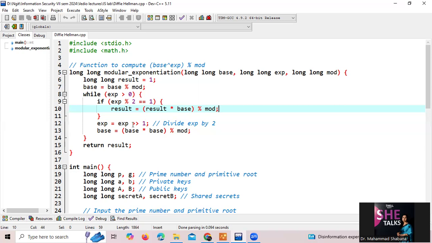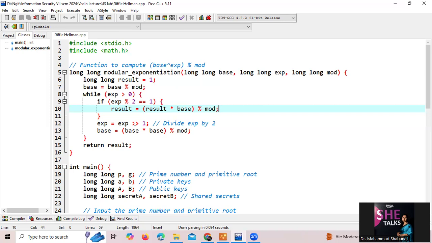Then exponent is shifted to the right, dividing by 2. Then the base squared modulo mod is computed for efficiency. This avoids computing large powers directly and reduces the computational complexity. So this is the function to compute base power exponent mod.